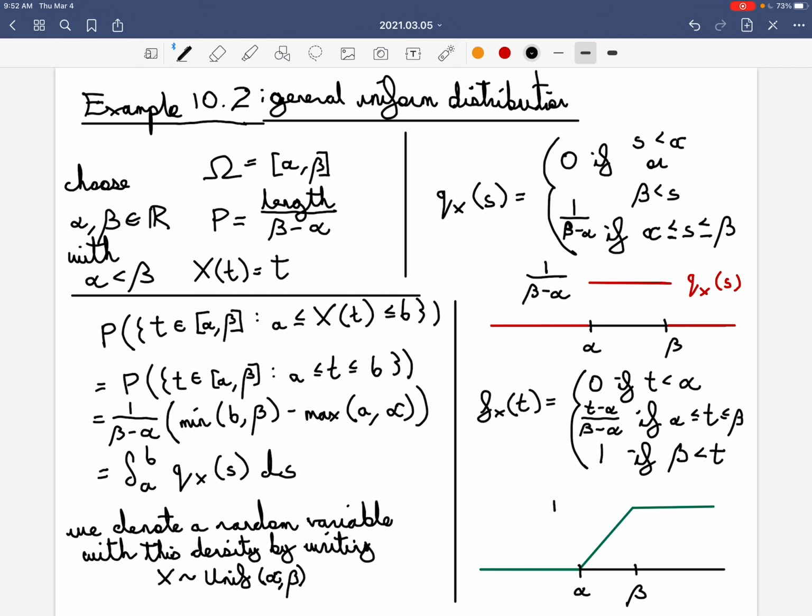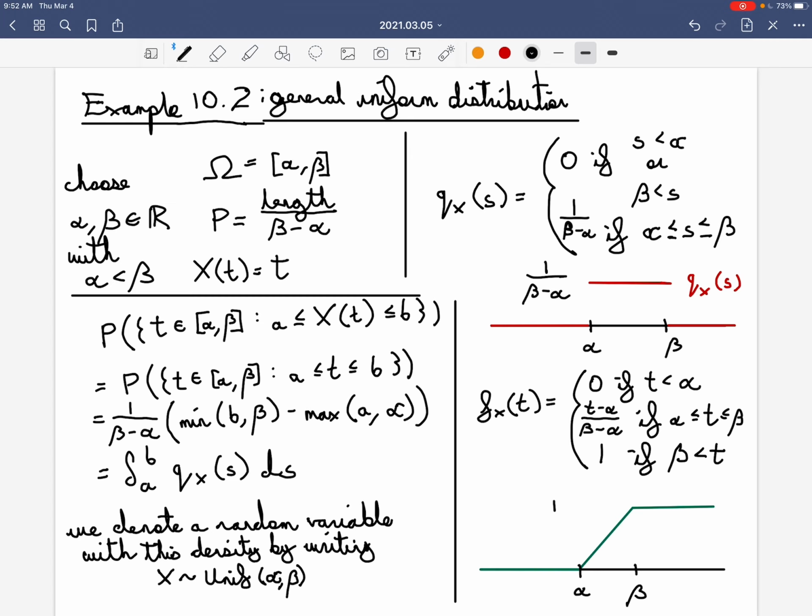And you can see that's what we need to do, because if we set b equal to something way bigger than beta and a equal to something way less than alpha, we're asking, I'm picking a random number between alpha and beta, and I'm asking what's the probability it's in this gigantic interval which completely contains alpha to beta. And so the probability of that needs to be 1.